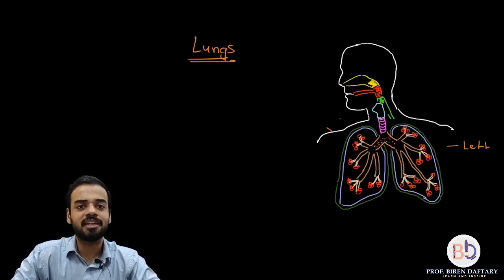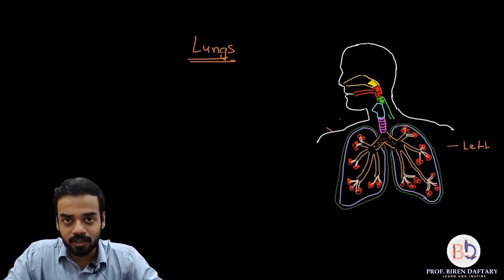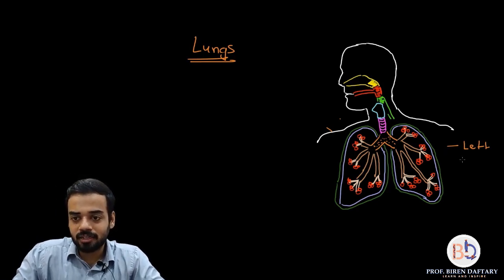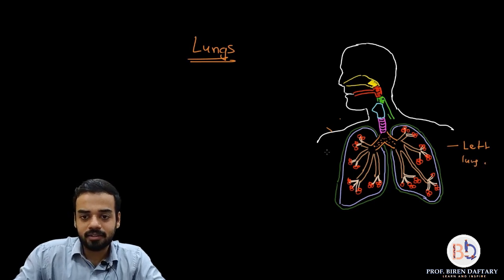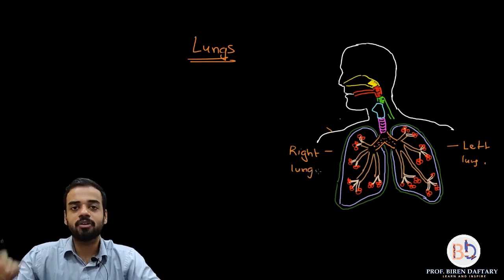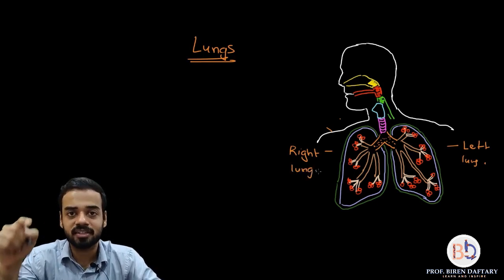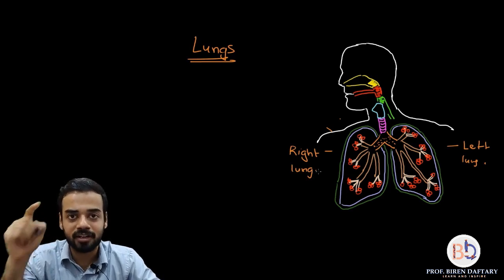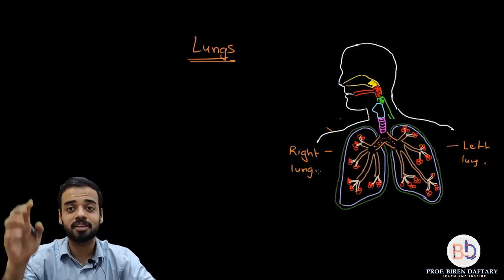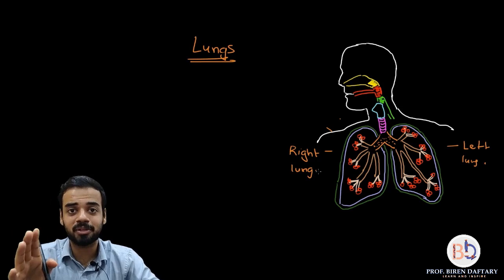So it is basically like a protective bag. Now again, as I told you earlier, this is the left lung, this is the right lung. Please remember, in anatomy these directions, left and right, are according to the person whose diagram you are studying. It is not according to your left and right, because this is a very common mistake most students make. So please remember that.